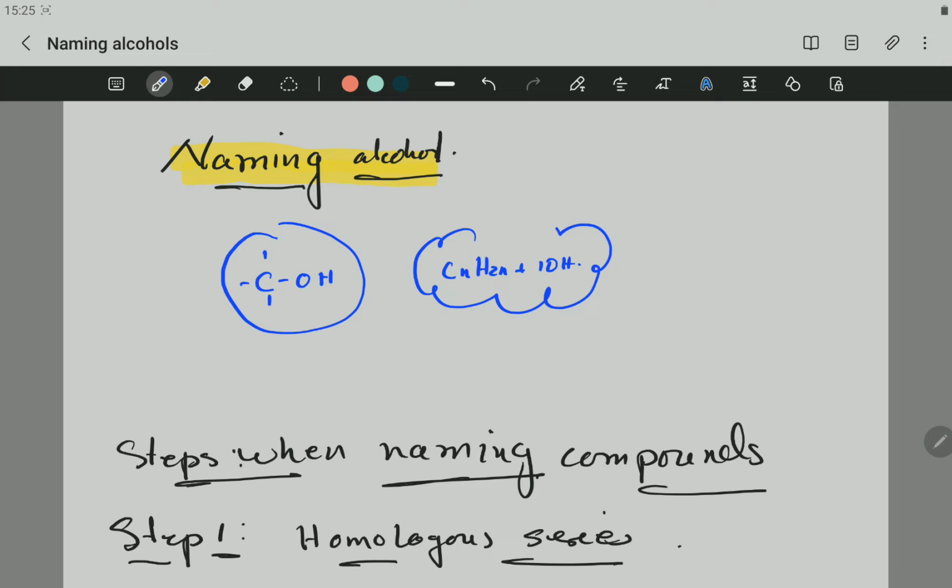You can look for the table of it. It's important to learn that one. I will make another video because there are three different types of alcohols, but we will make that video a little bit later on. Now we're just going to learn how to name alcohols.